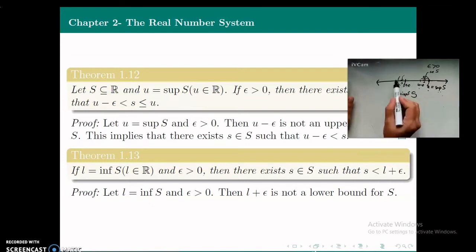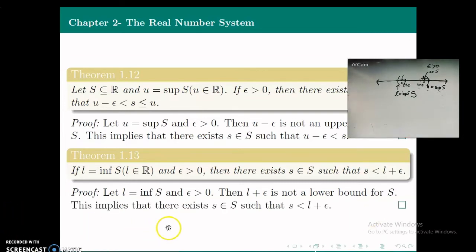So, L plus epsilon is not a lower bound for S. This implies that there exists an element s here such that s is less than L plus epsilon. So, that's it, we're done.